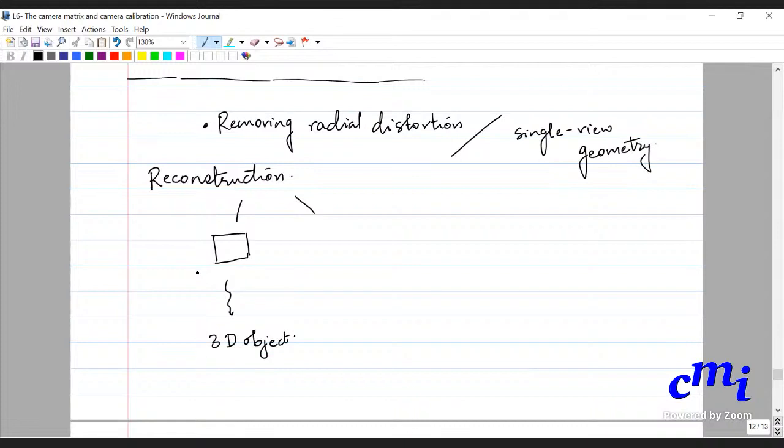For example, there are some Renaissance paintings, and people have constructed 3D rooms, or tried to reconstruct the actual objects from those paintings. So you can take a single image and try to construct a 3D object.